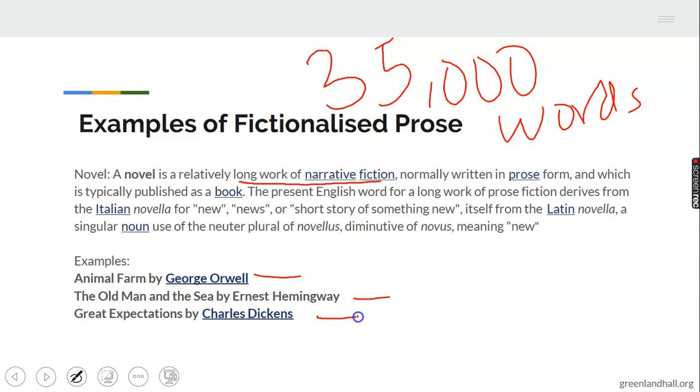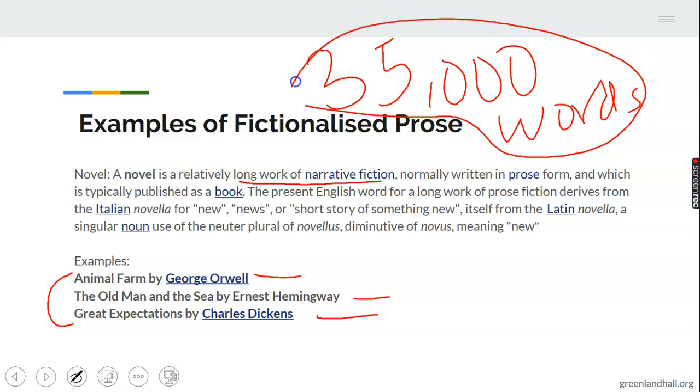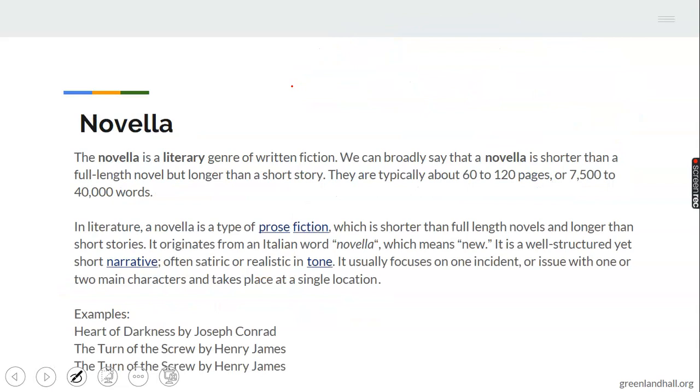These are novels that are expected to be read now or later in the future. These are novels because they are more than 35,000 words. Note that. And they are long narratives, and they are fiction in form. They are not true.